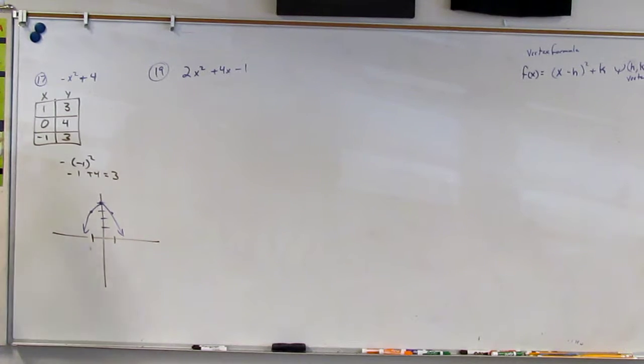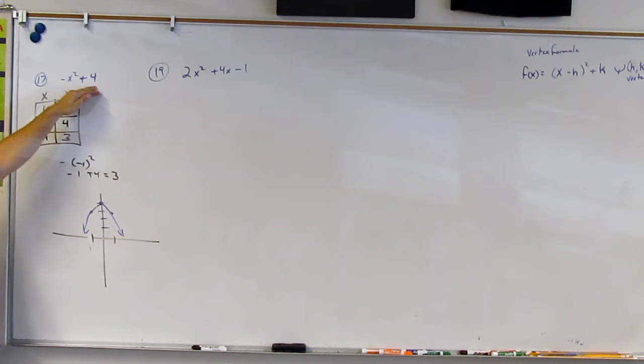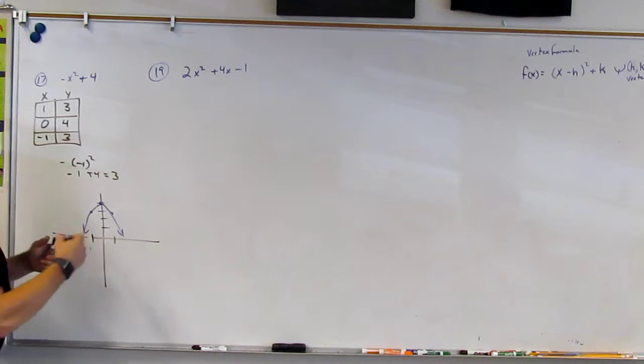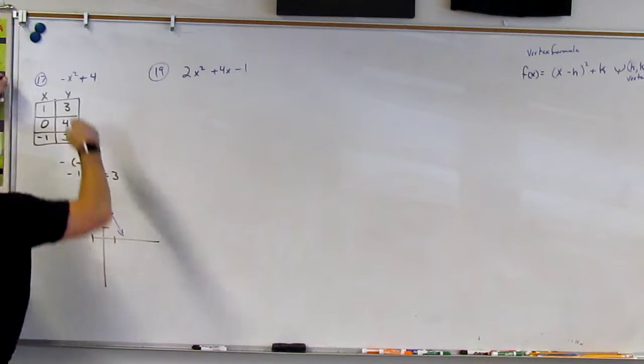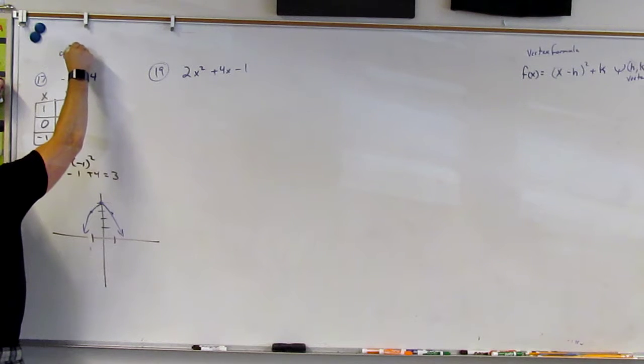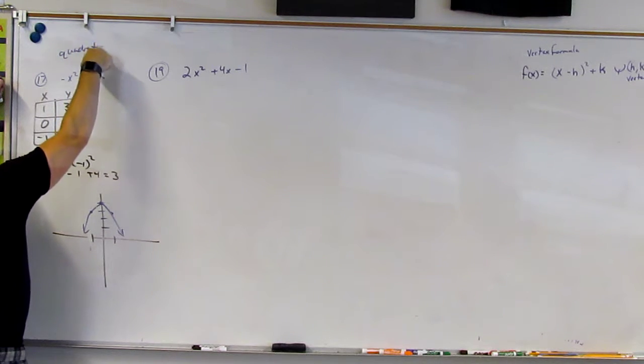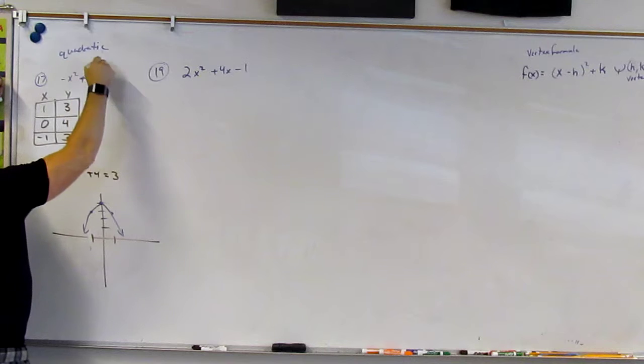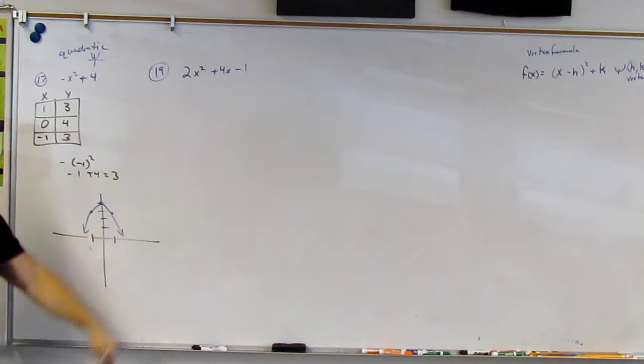What is this? As far as what's the parent function? X squared. So is that a quadratic, cubic, quartic? Quadratic. So we know from our last chapter that this is a quadratic, right? And it should look like this, right?